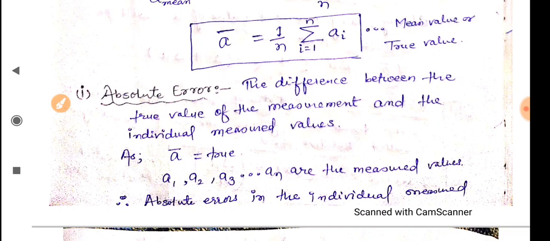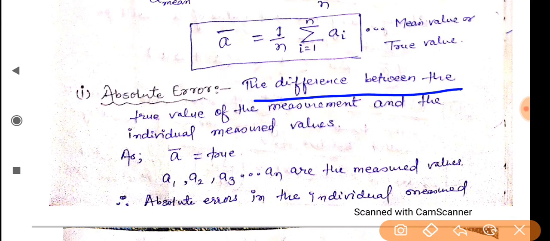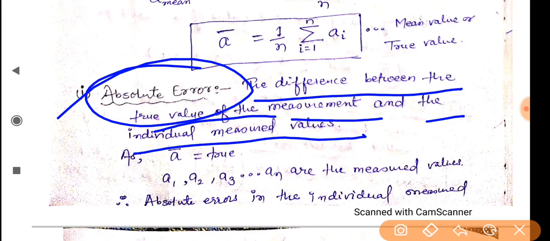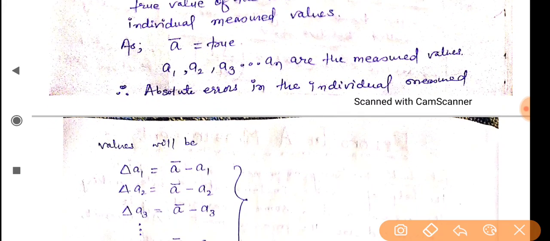The difference between the true value of the measurement and the individual measured values is known as absolute error. The deviation of the measured value from its true value, meaning the mean value, is called absolute error.